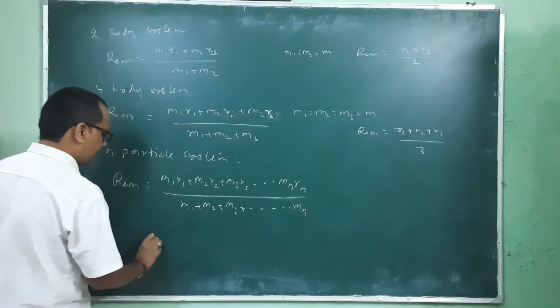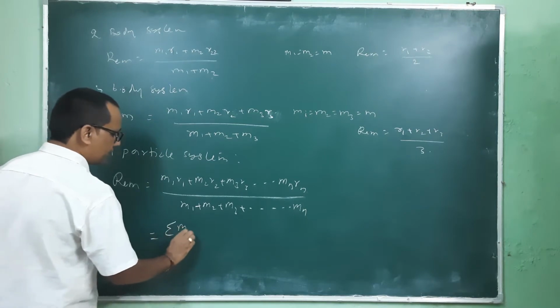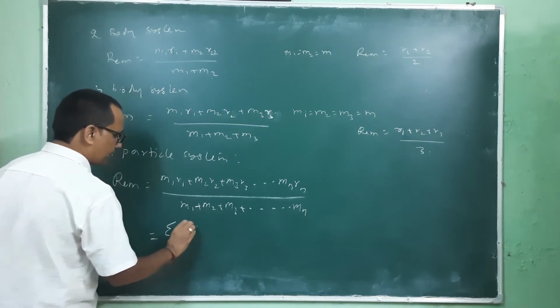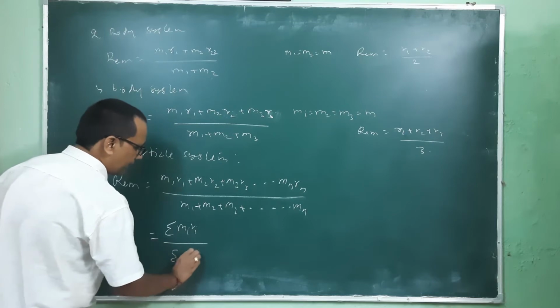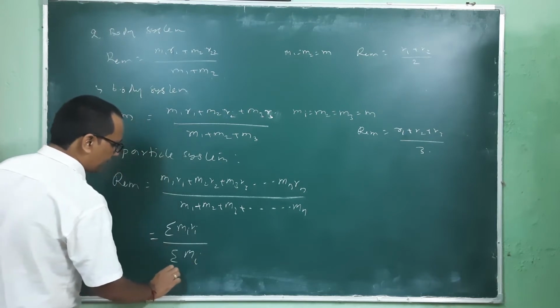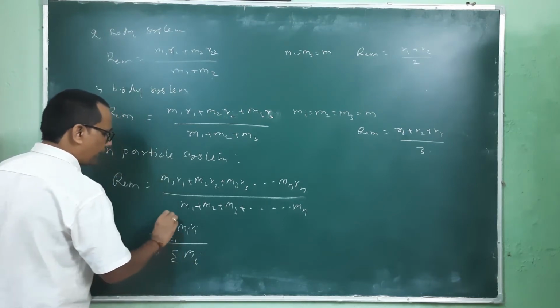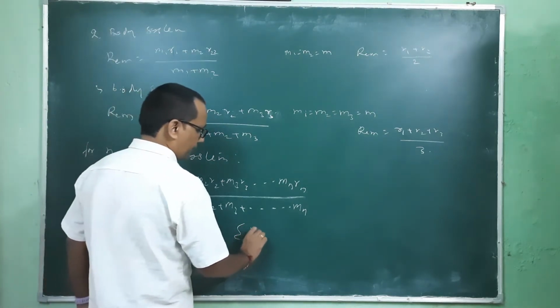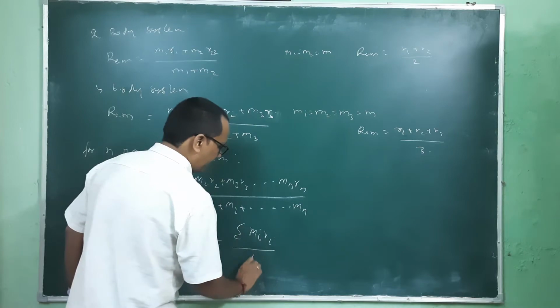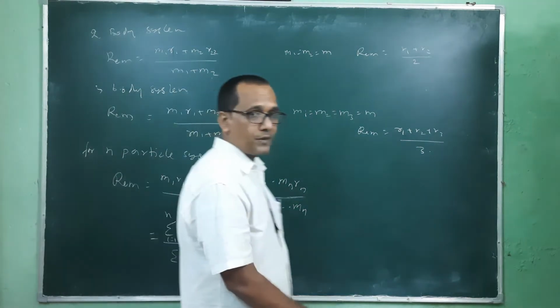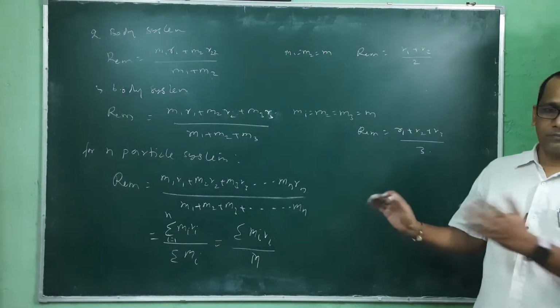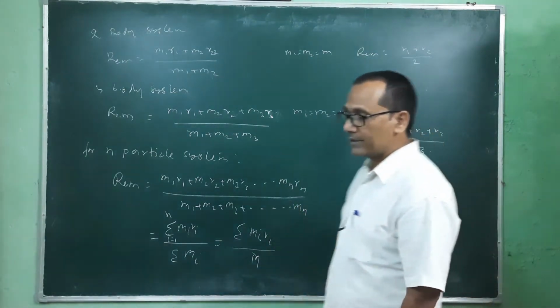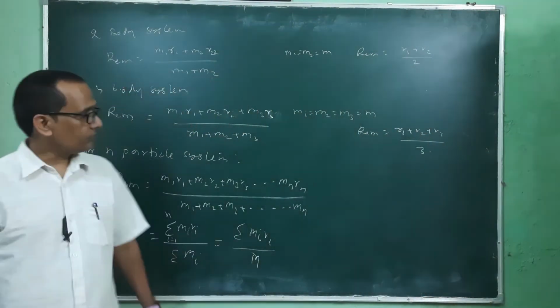One can write this in terms of summation, summation of MiRi where i goes from 1 to n, by capital M, where capital M is the combined mass of all the particles of that system of n particles.